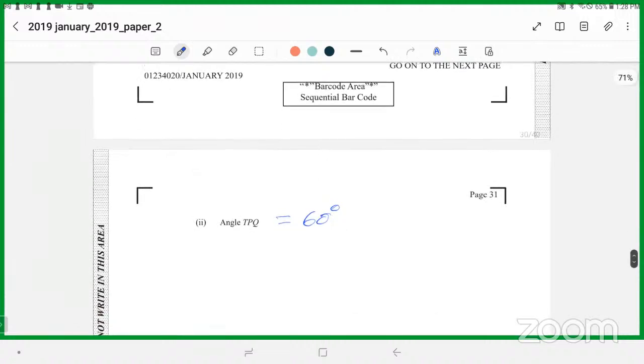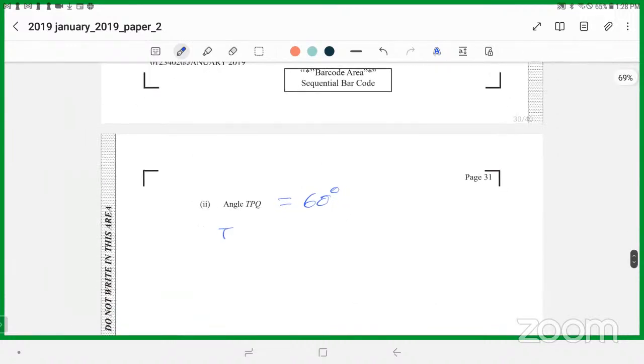Mathematics the easy way. So I want to say the exterior angle of a cyclic quad equals the opposite interior angle. It's a new one, right?